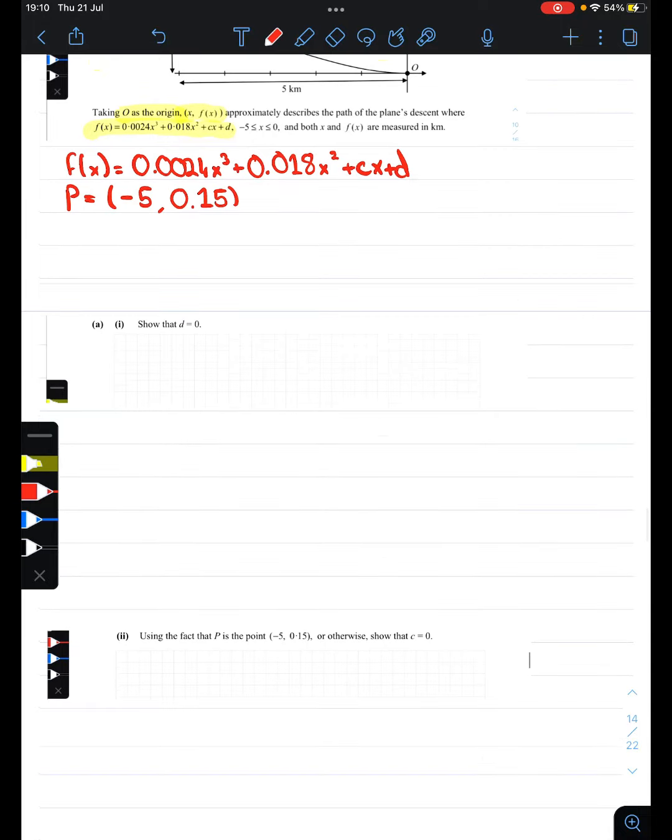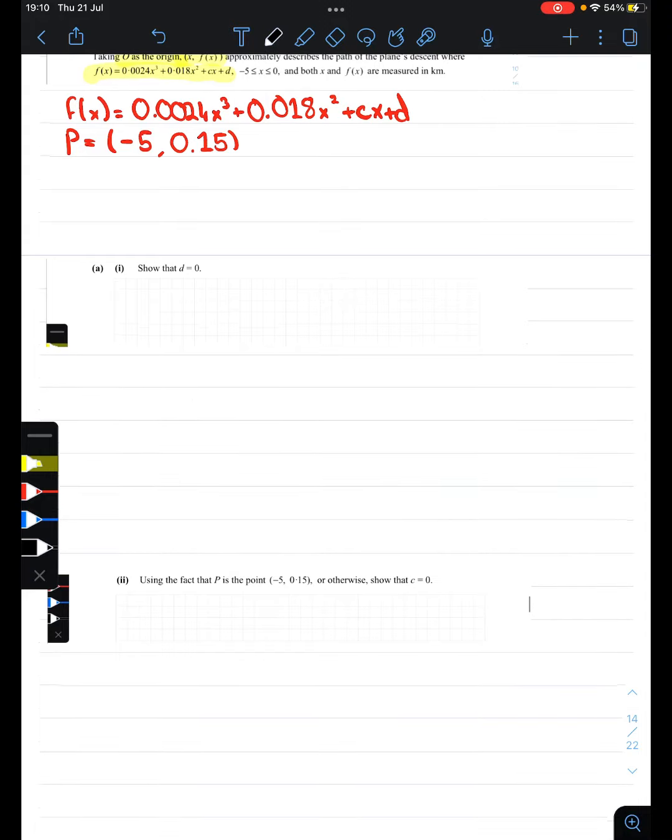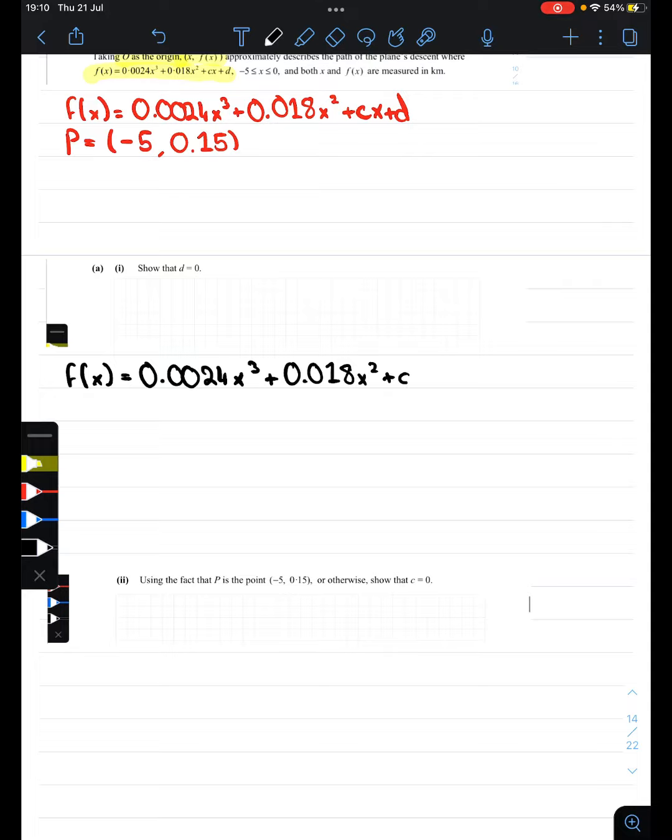Now if we move on to the first part of this question, we have to show that d equals 0. Let's write down our function, f of x equals 0.0024x cubed plus 0.018x squared plus cx plus d.